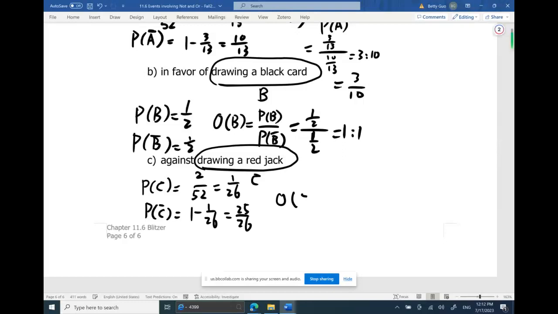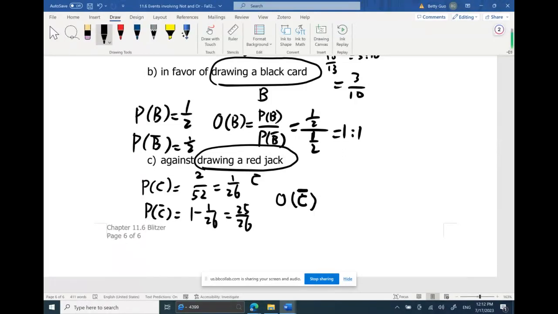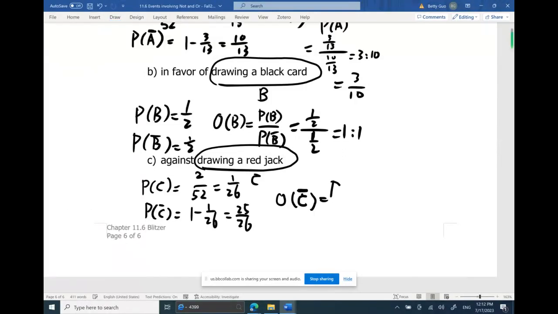And the odds against C occurring would be, this time very, very important, you're going to remember the numerator is going to be P of C bar. Denominator is P of C. Do you see the difference? Odds of favoring and odds against depend on the order of the numerator and the denominator.